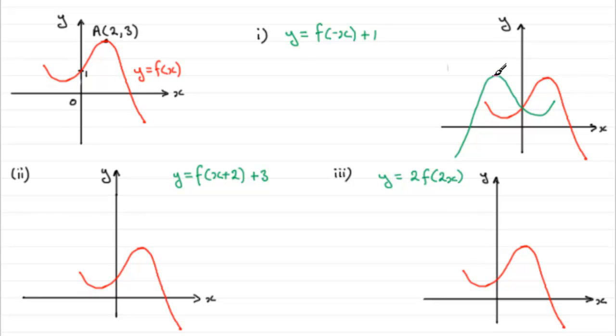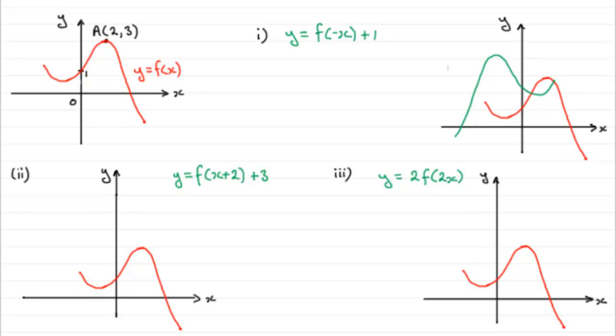And this maximum, A at 2, 3, has now moved over to this point, which is now at the point minus 2, 3. And what would this do now to the graph, adding 1? Well, it translates the graph parallel to the y-axis. So what it does is it moves it up by 1 unit. So if this was at 0, 1, it's going to move up now 1 unit, and it's going to go up to 0, 2. And this point here, the maximum, which was originally at 2, 3, got mirrored across the y-axis to minus 2, 3, goes up 1 unit, so it'll be now at minus 2, 4.